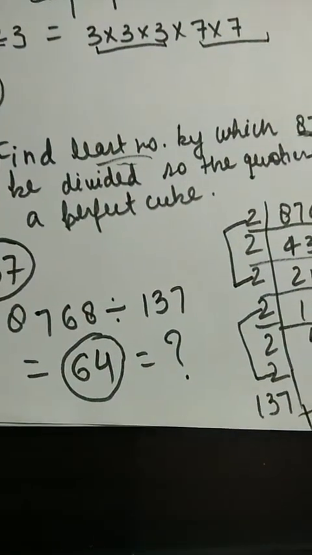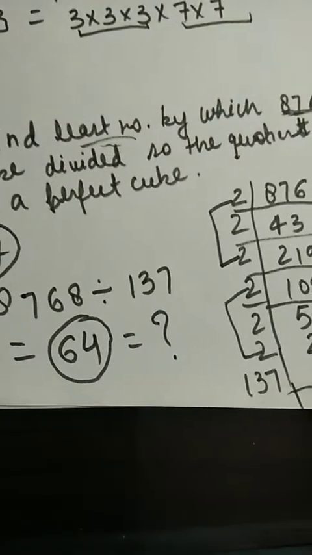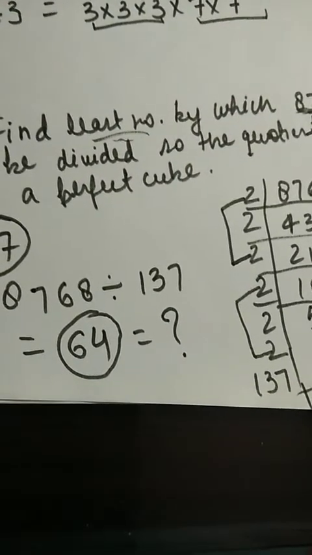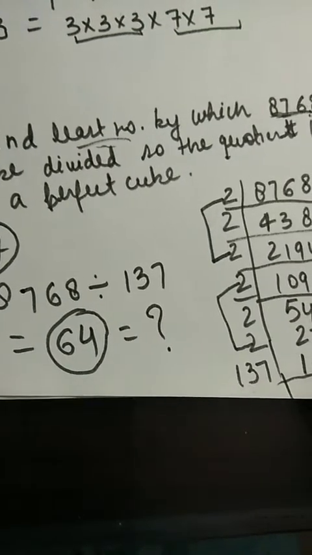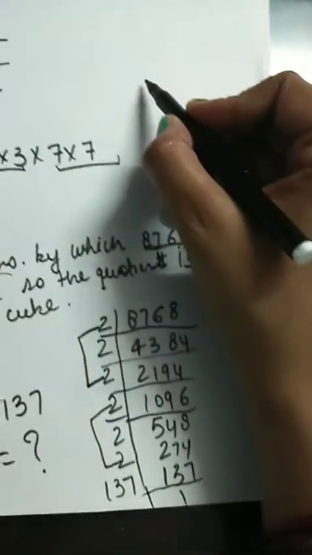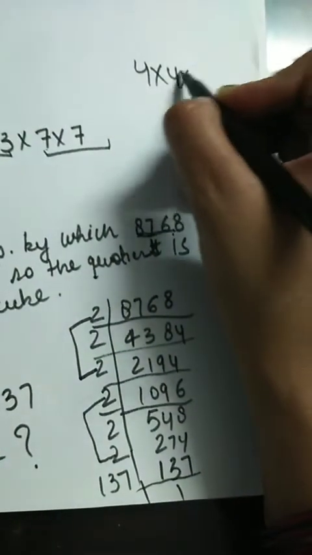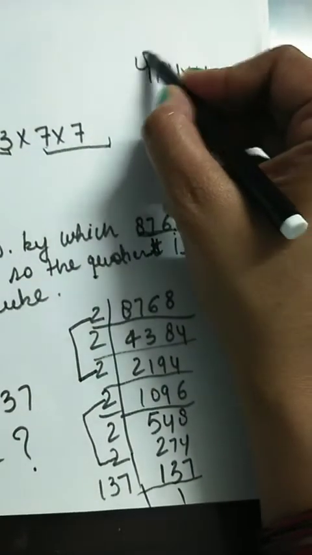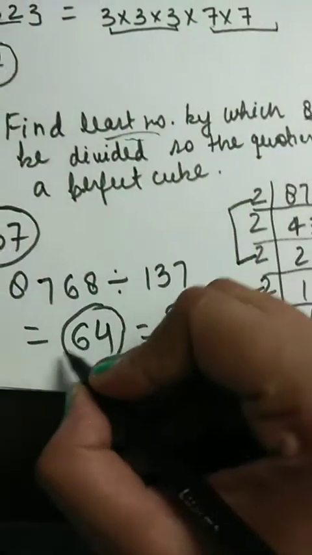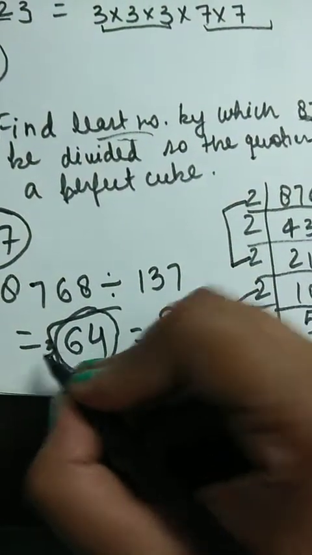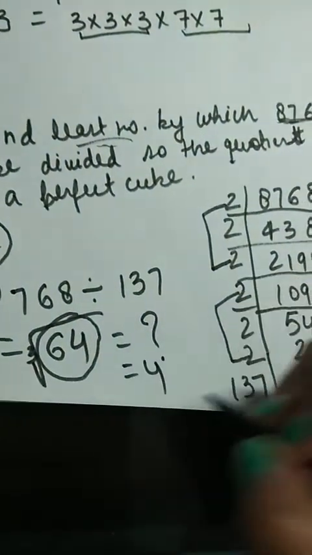It will be a perfect cube of what number? It will be a perfect cube of 4, because if you multiply 4 three times, 4 fours are 16 and 16 fours are 64. So this is a perfect cube of 4.